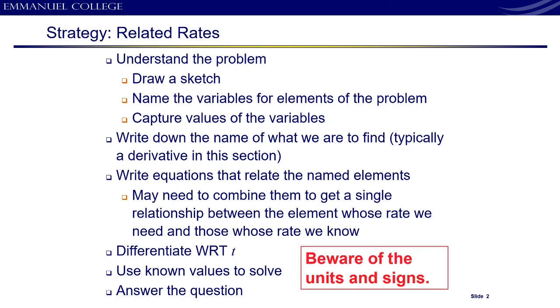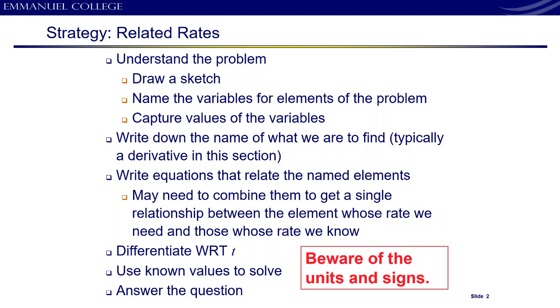Now, be careful of some wording. Remember, in the last lecture, I talked about a problem that said if the area is to remain constant. That's one of those things you have to be careful of, because it means the area remains constant, its derivative is 0, because it's not going to change.